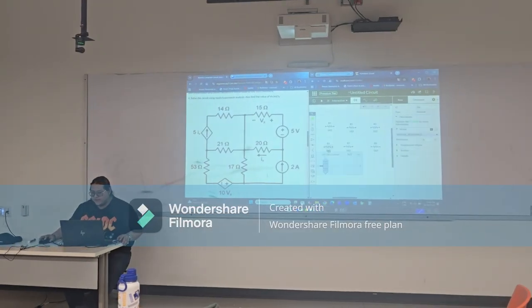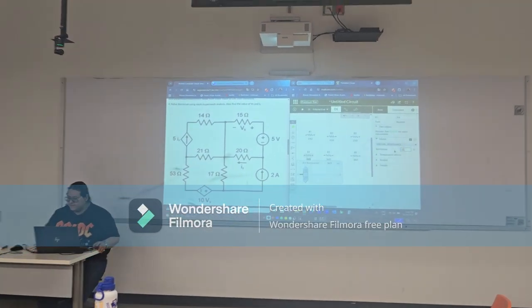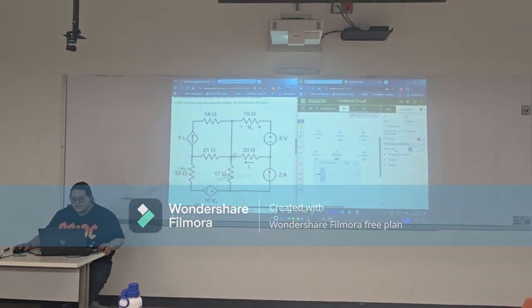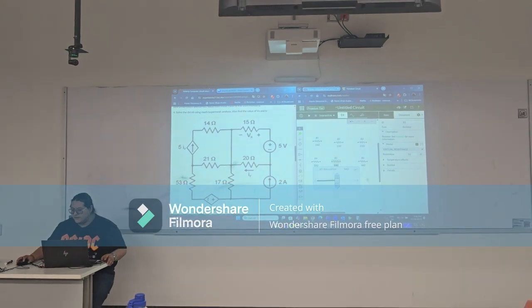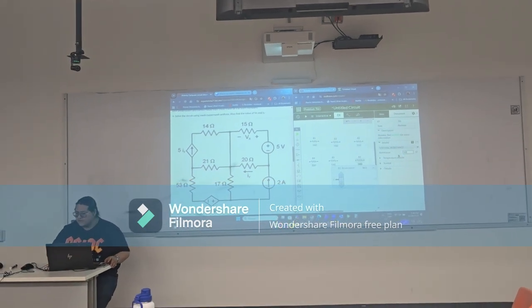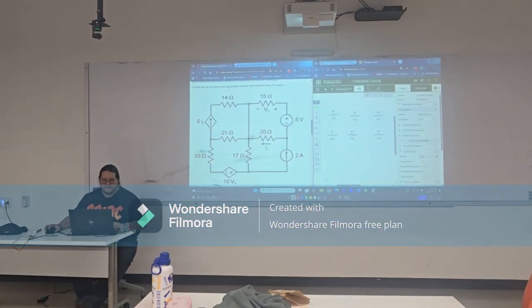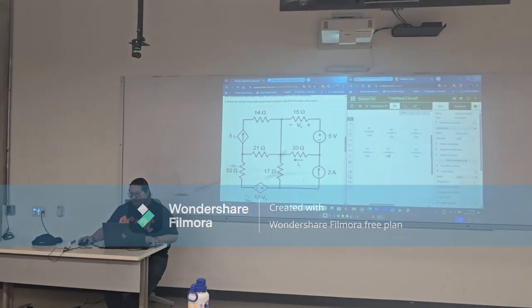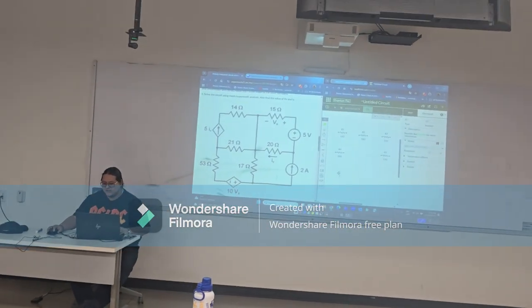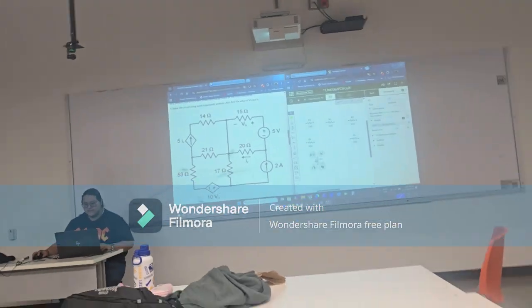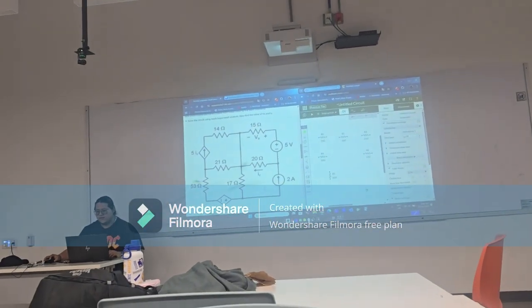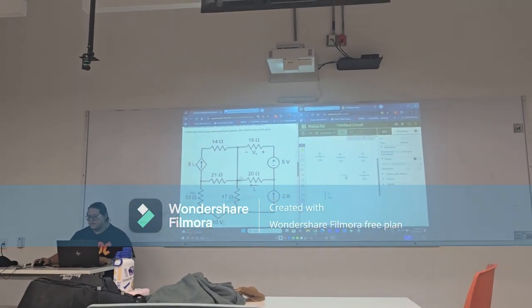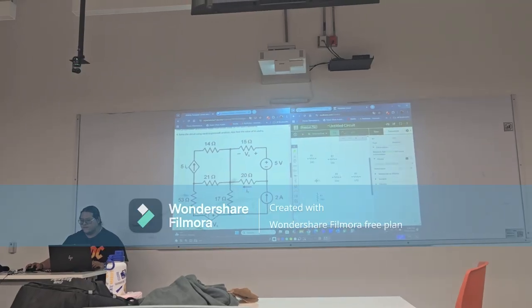21, 20. This one is 53. And this one also is 17. So now that we have the resistors, we are going to be flipping them and taking them to the spaces we are going to be working with. It should be good. So that should be something like this. Also, our free node right here.